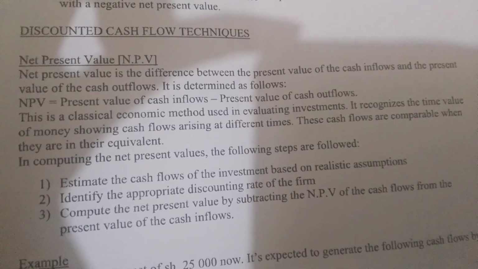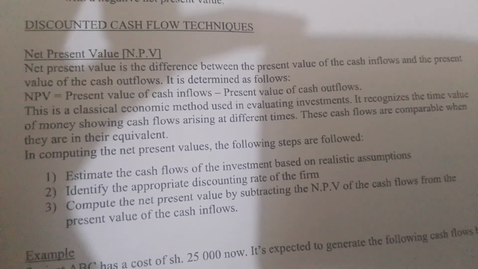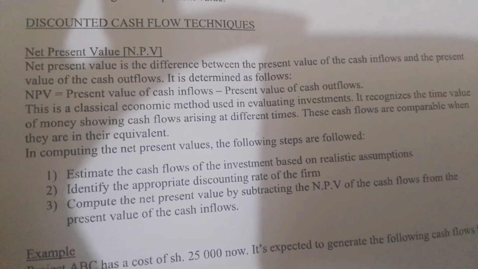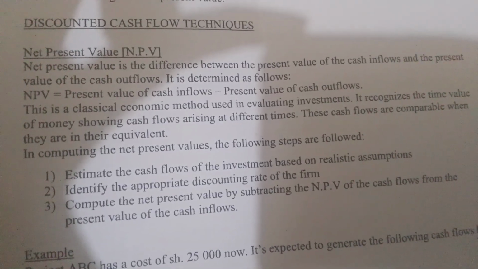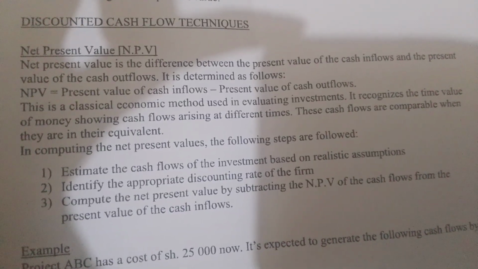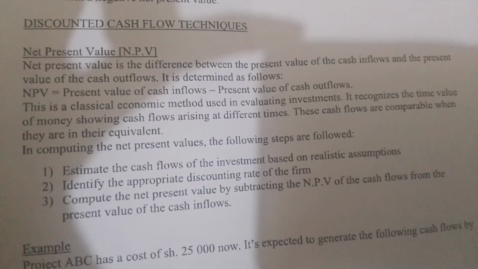We've done the concept of compounding. Compounding involves calculating the future value given the present value. The opposite of compounding is discounting, and discounting means calculating the present value given the future value.